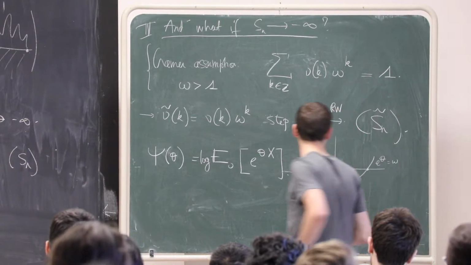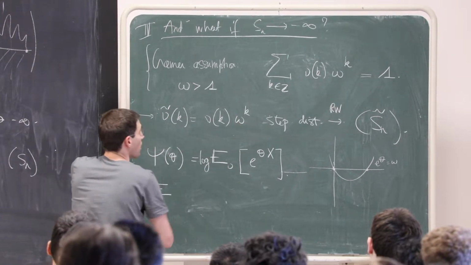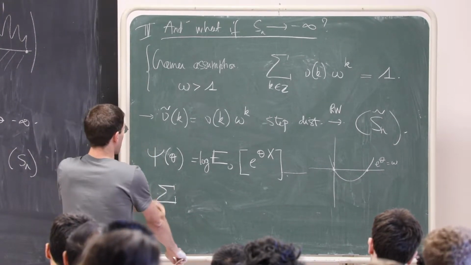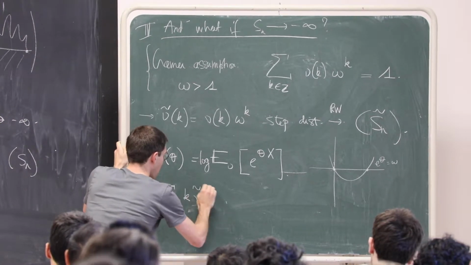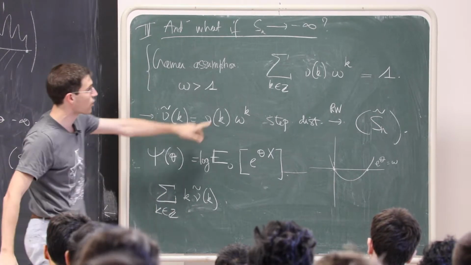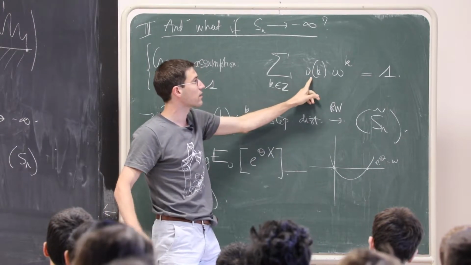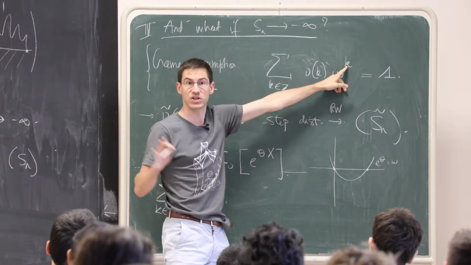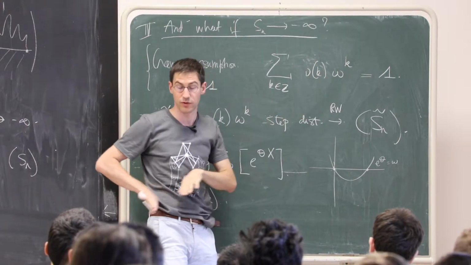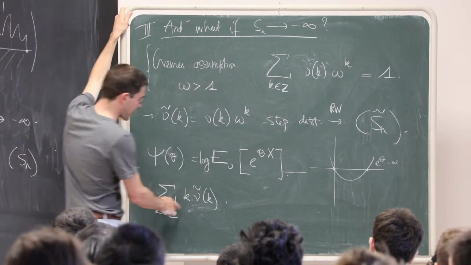And so what I claim is that if you look at the expectation of k nu tilde of k, it's easy to see that this is well defined. Why? Because if omega is bigger than 1, you tilt the negative side by an exponential which is really decreasing. So clearly you have a first moment on your left, and this is well defined.